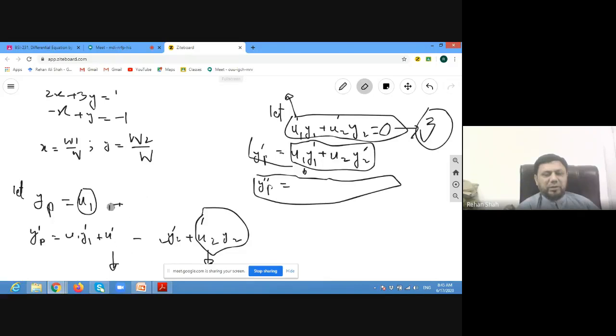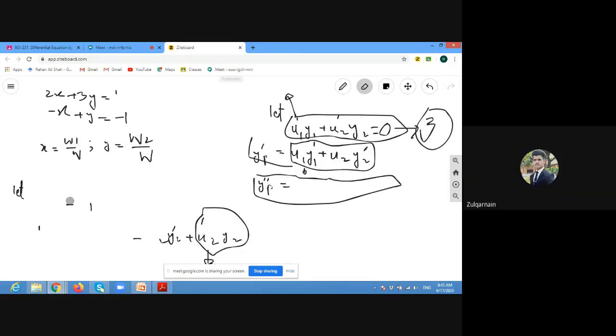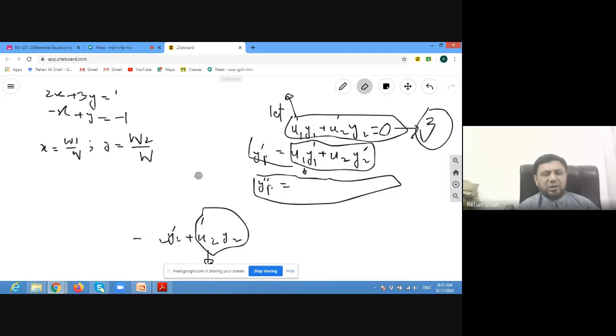What is W1 and what is W2? W is the determinant of the coefficient matrix. In this case, the coefficient matrix is 2, minus 1, 3, 1.